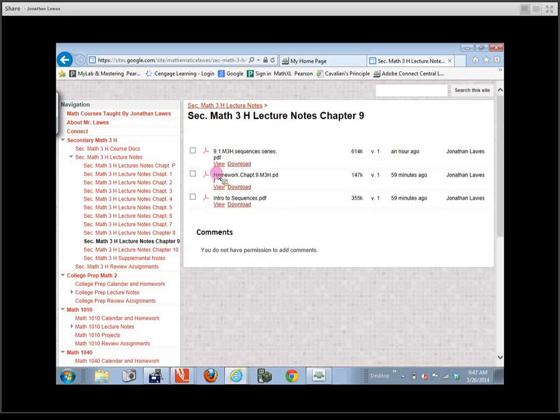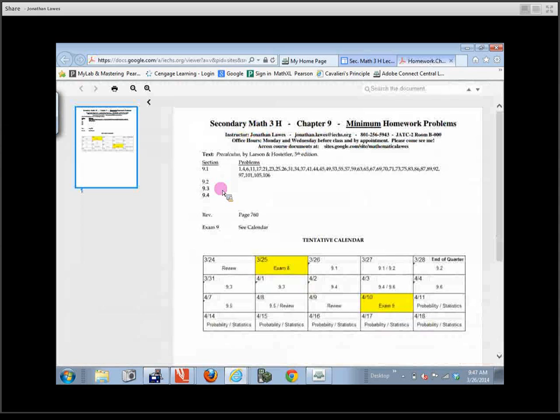I'll upload the videos that I record in this chapter and everything. The homework is right here. Please do maybe 10 or 15 problems on the homework. Just do some of the stuff like we talked about. Please don't get too far ahead. Don't try and finish the entire assignment. This is the assignment right here, and here's a calendar of what's coming up. It's going to take us about 2 weeks to cover most of Chapter 7, and then we're going to take some time and start doing some probabilities and statistics and getting ready to take the end-of-year exam.